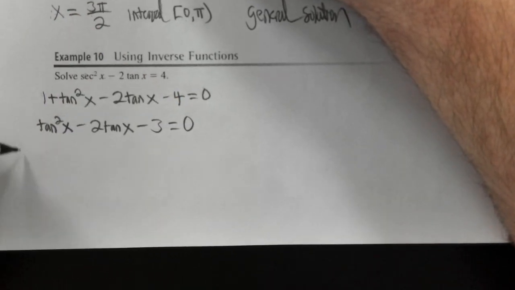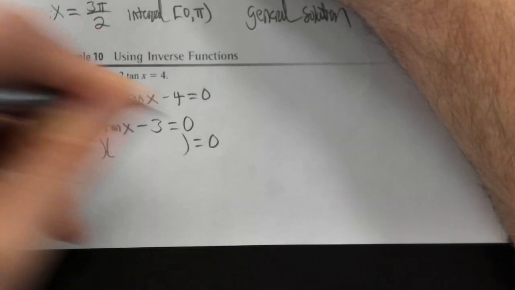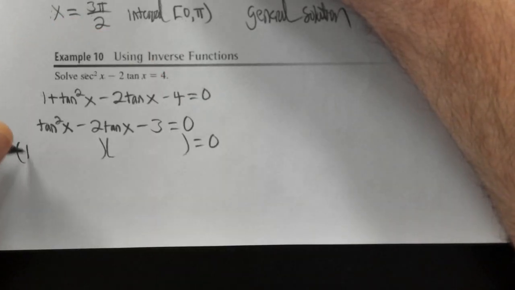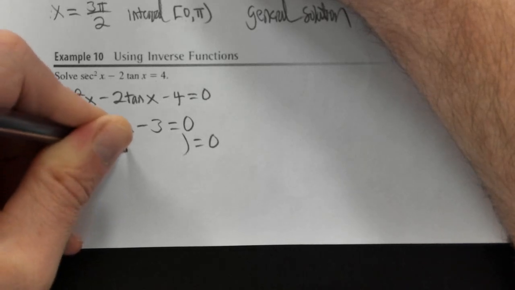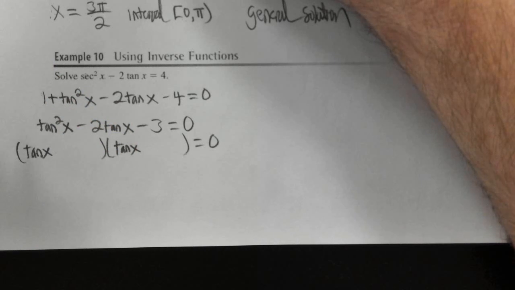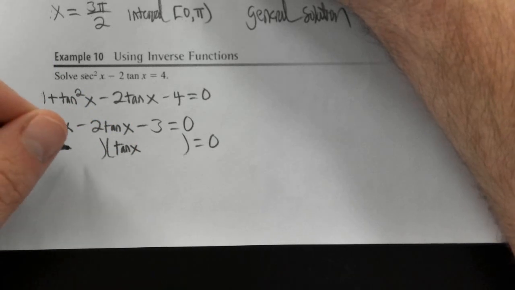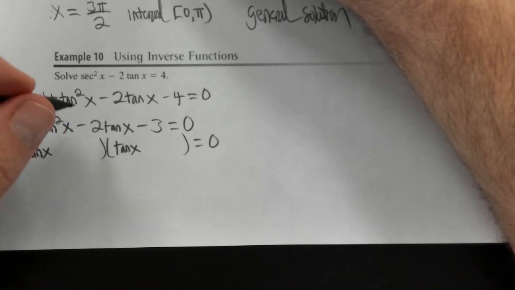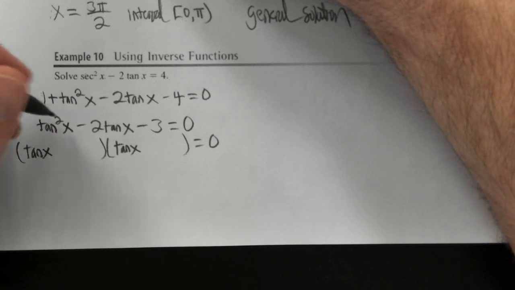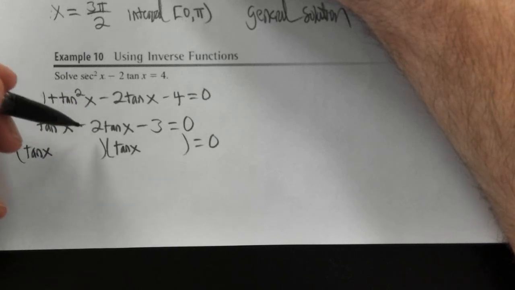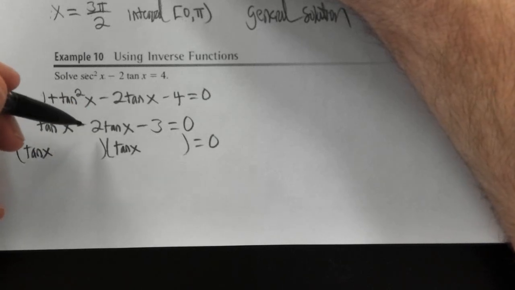Next thing, we're ready to factor into a product of two binomials. So how do I get tangent squared? That'd be tangent x times the tangent of x. Now two numbers multiplied together to get a negative, so that would be a positive times a negative. I need my bigger number there to be negative.